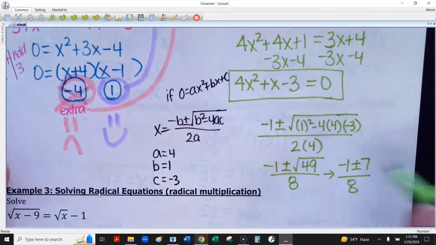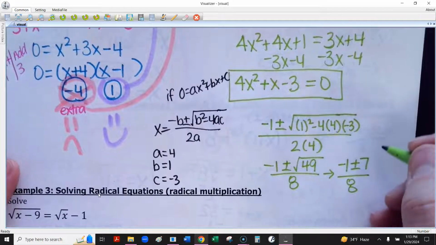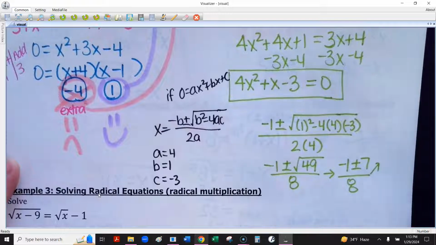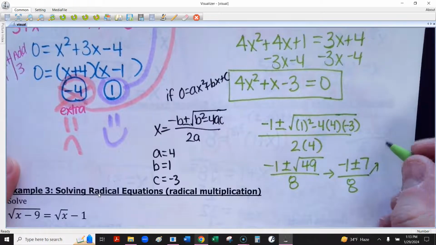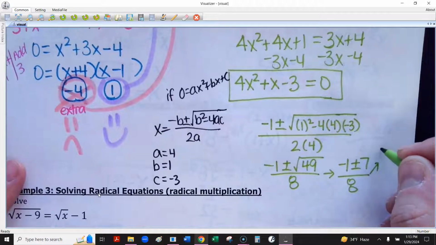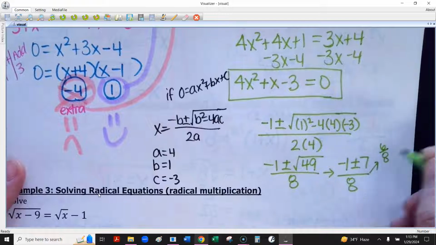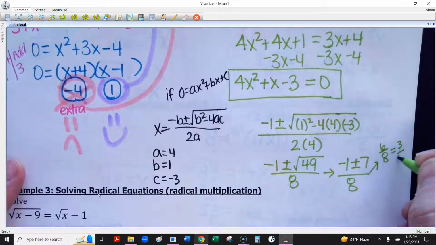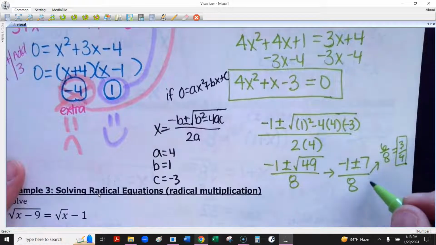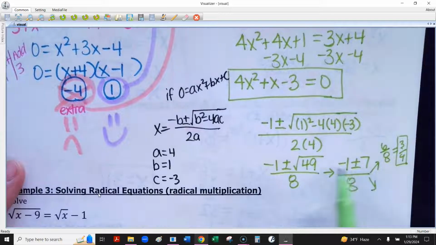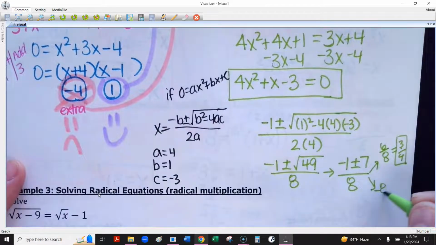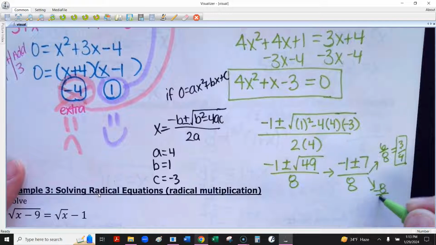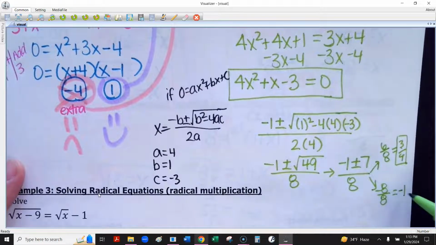And so to get my two answers, if I do negative 1 plus 7, that would be 6 over 8, which would reduce to 3/4. And if I do negative 1 minus 7, that'd be negative 8 over 8. So then my other answer is negative 1.